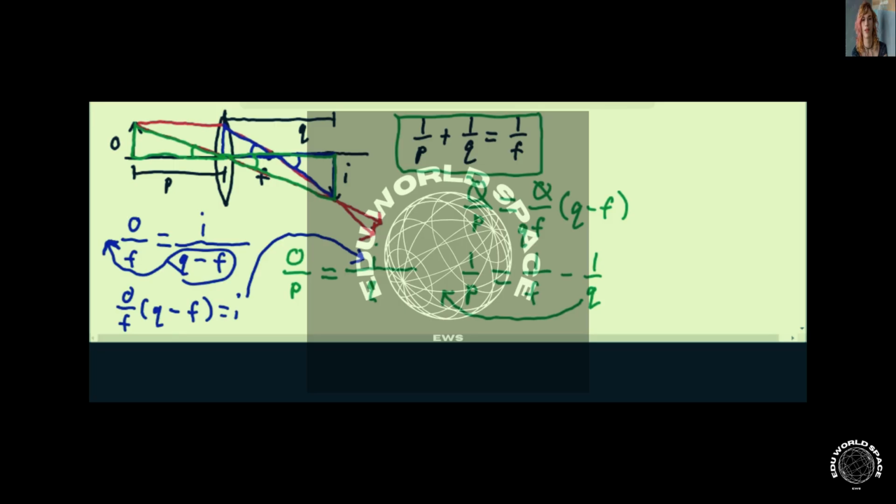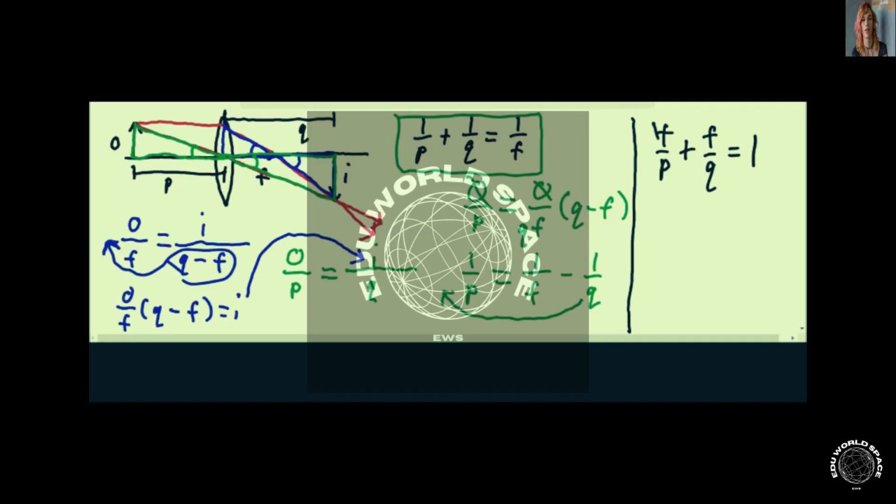Now for part B, we want to demonstrate that when P is much larger than F, the position of the image, Q, approaches the position of the focal plane, F. So let's just draw a line to separate part A from part B, and times the lens equation by F to give us F over P plus F over Q is equal to 1.